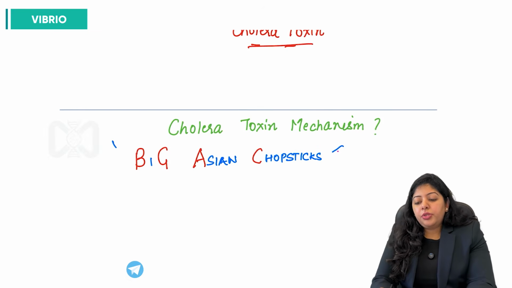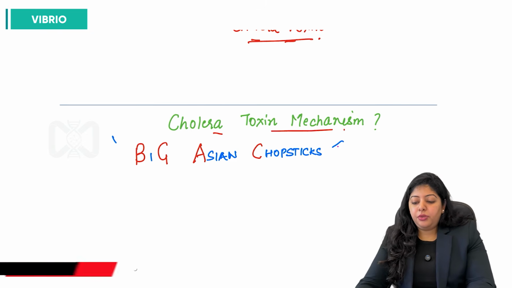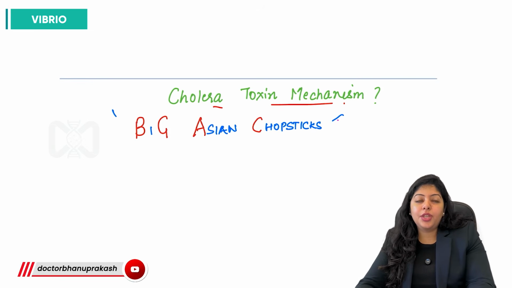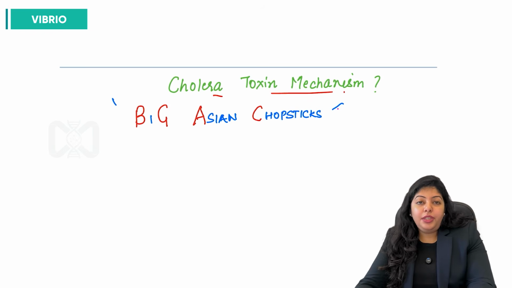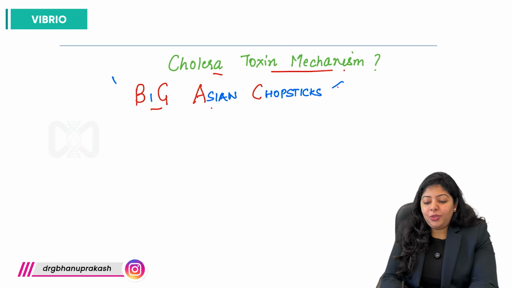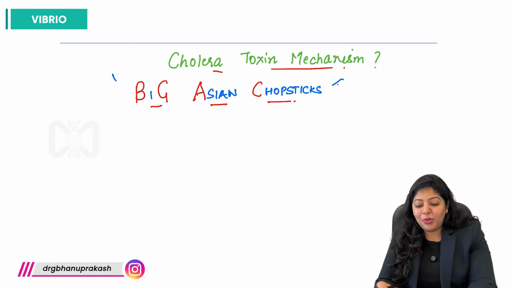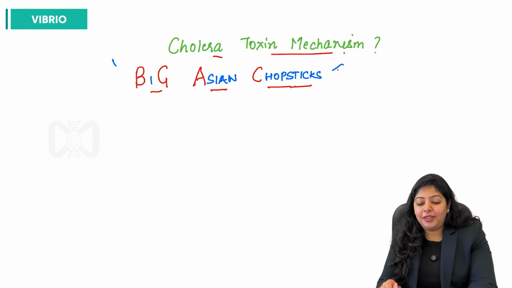So now, talking about the cholera toxin mechanism. A lot of bacteria have different mechanisms for their pathogenesis, and also they have different receptors for what attaches where. So in order to ease it for you, I have another fun mnemonic. Vibrio has all the Korean and Chinese and Japanese mnemonics, and that too related to food, so it gets easier that way.